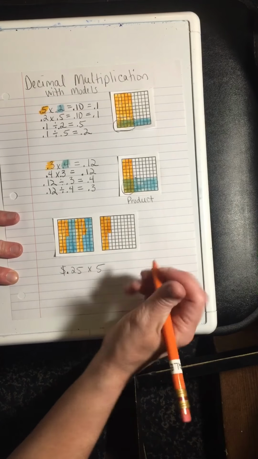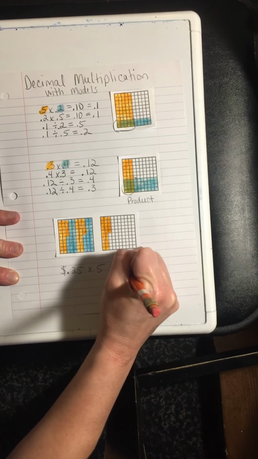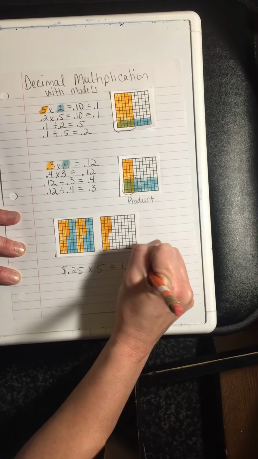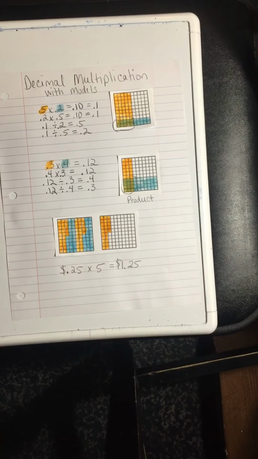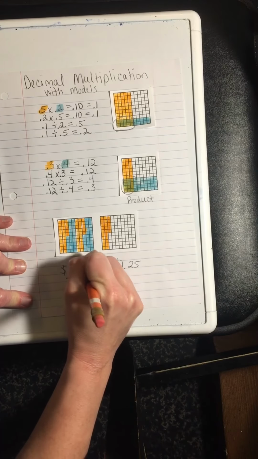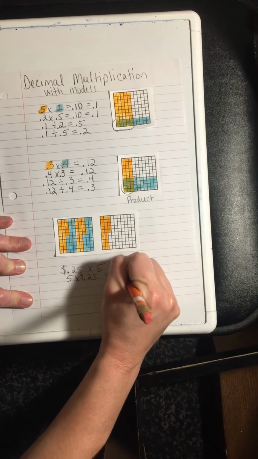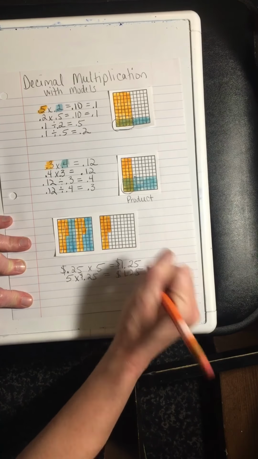This equals $1.25. Then we could also flip it, where the whole number doesn't change the value. It is still $1.25.